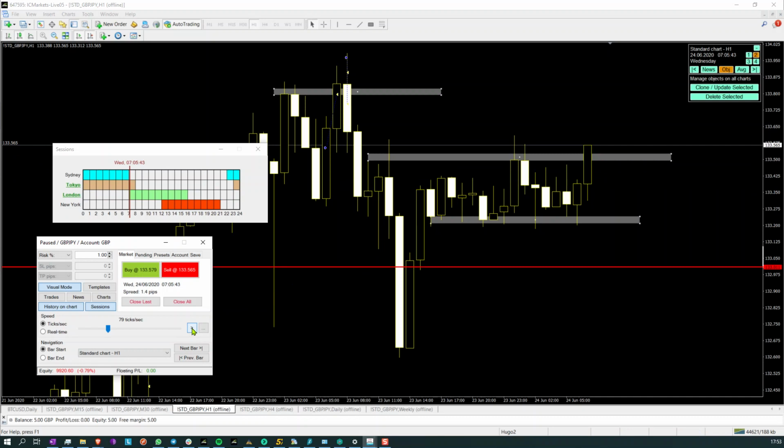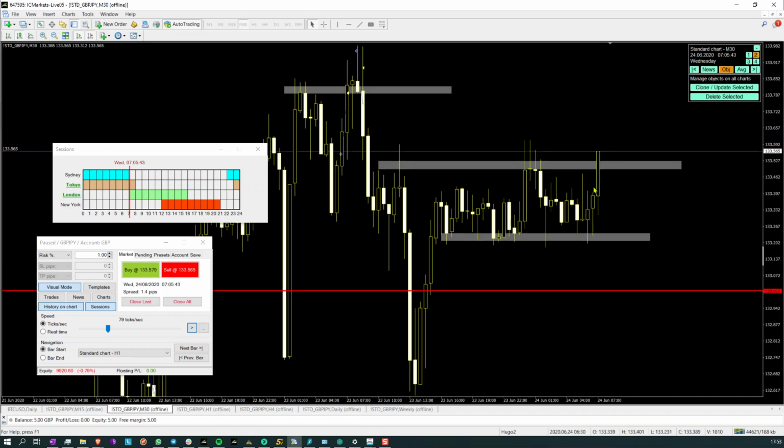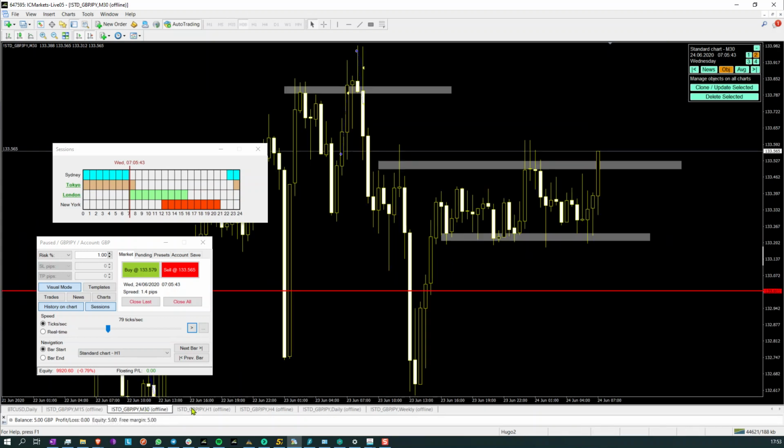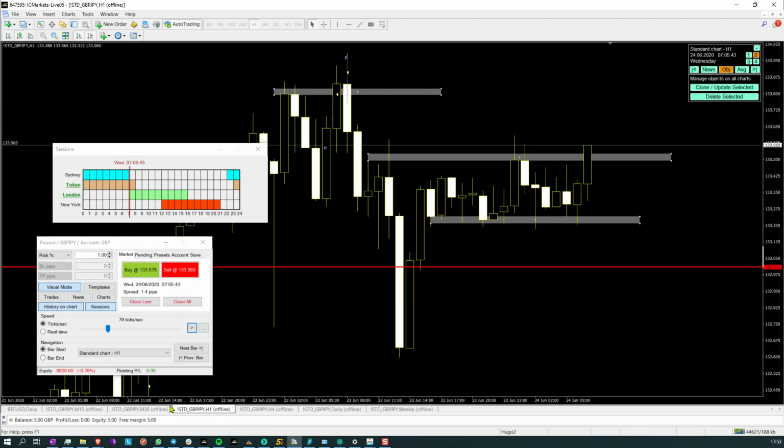Okay. If we break all those wicks, I'm also in. Not sure where I'm going to put my stop because this was huge. Okay, giving me some room to put my stop, which is good.